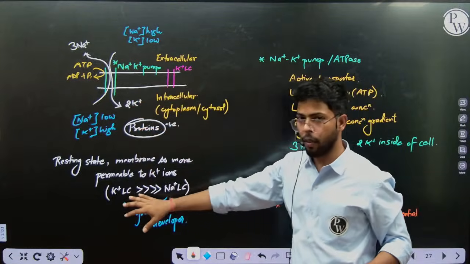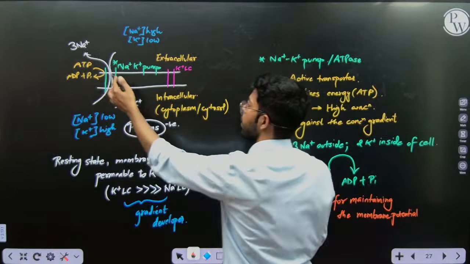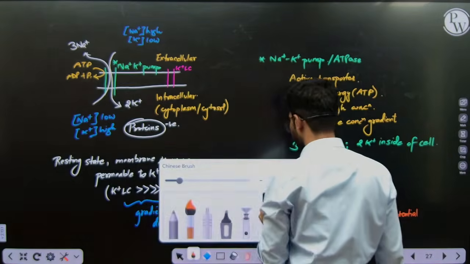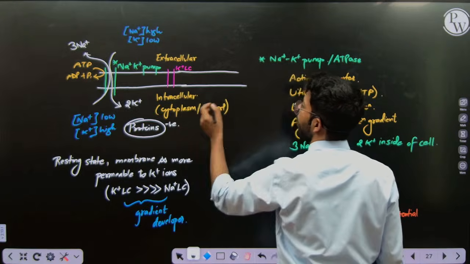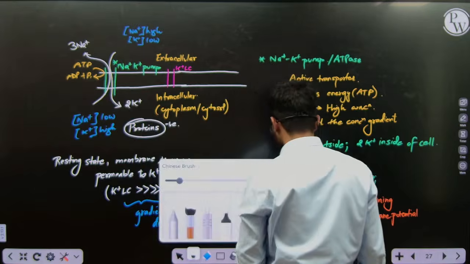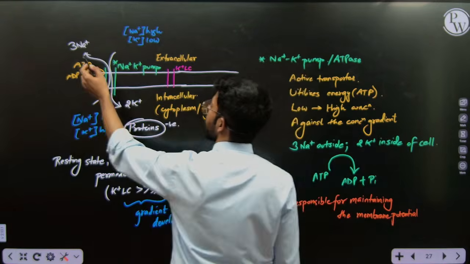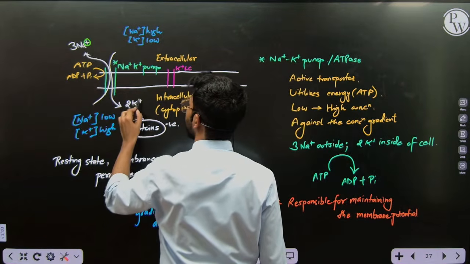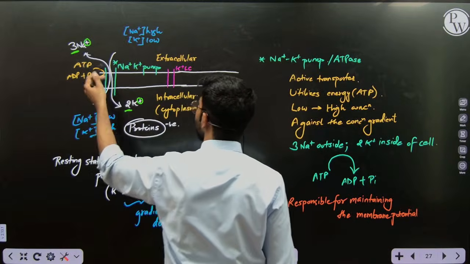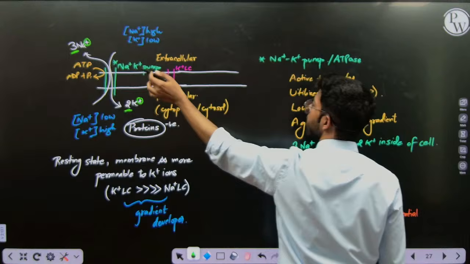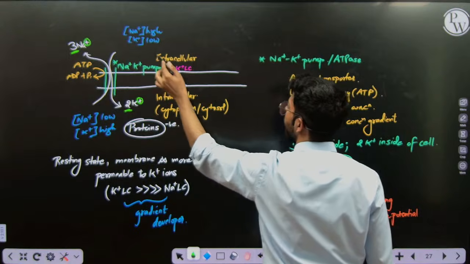These are the gradient developers, and this is responsible for the maintenance. Now if you look at the positive part, there is 3 and there is 2. There is always a difference of 1. That means one more positive is always present outside the cell.